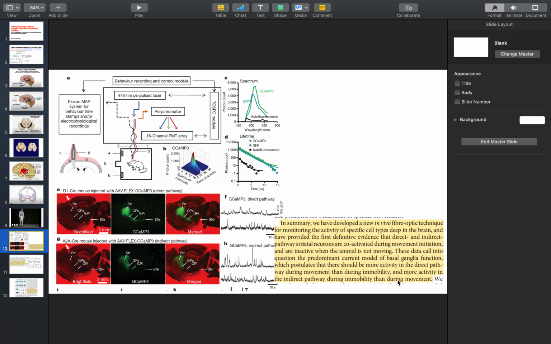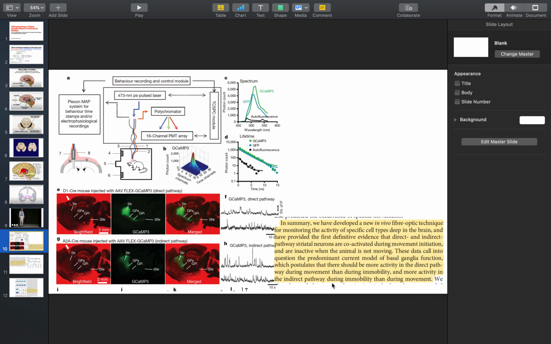So if you completely knock out the substantia nigra pars compacta, and you get no primary dopamine striatal projections, what happens is the indirect pathway takes over, and that's why people with Parkinson's disease sort of shake and move around.